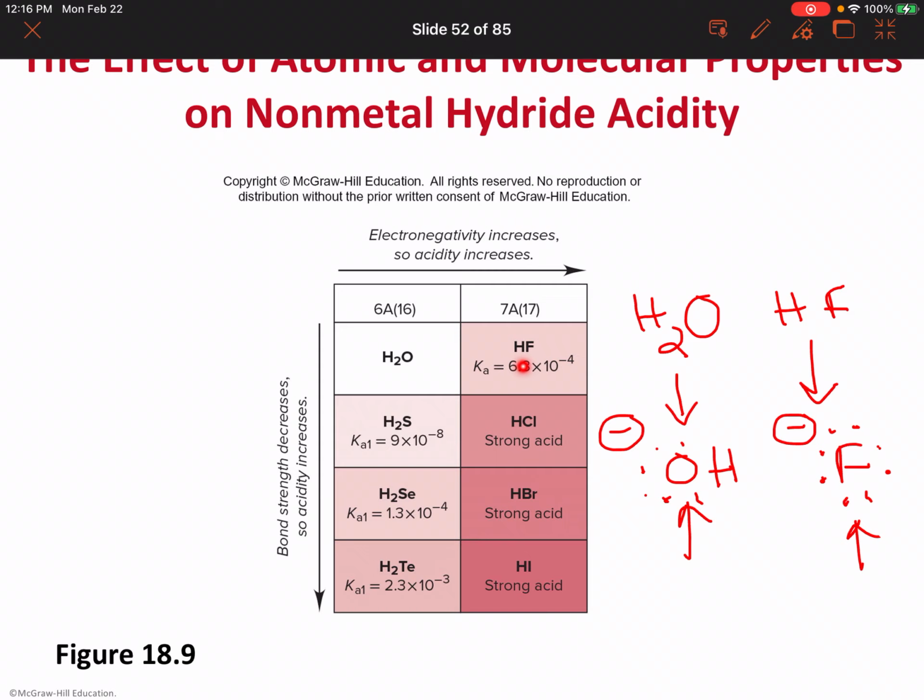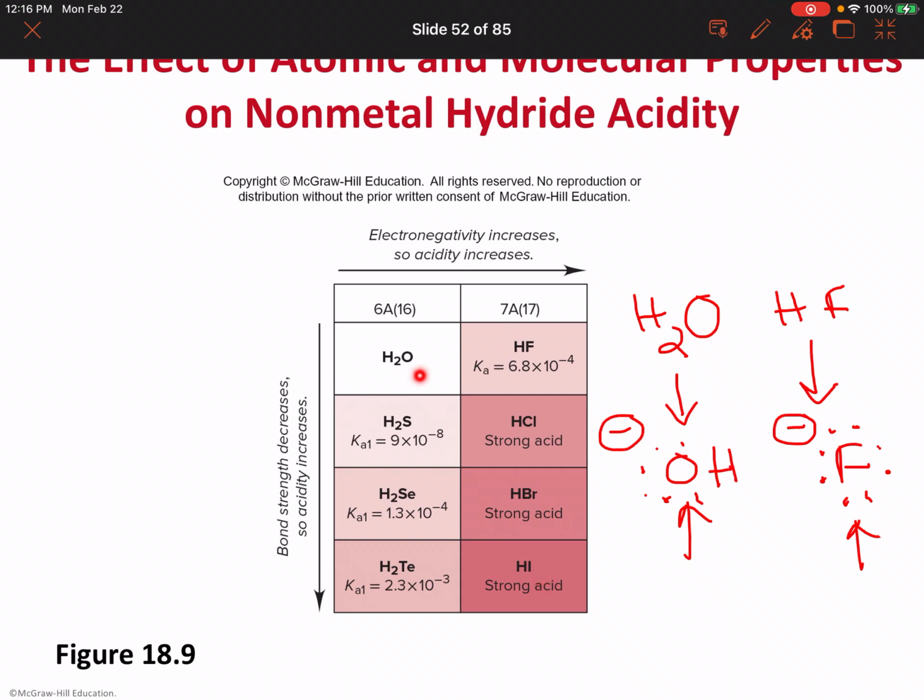And all of these are also strong acids compared to HF. Fluorine is a smaller atom compared to chlorine, bromine, iodine. So the HF bond is stronger, which makes it a weaker acid, because it is difficult to remove the hydrogen compared to the other atoms in the same group.